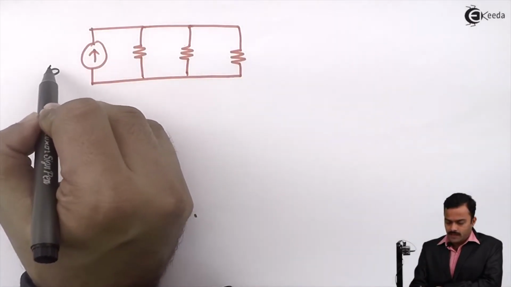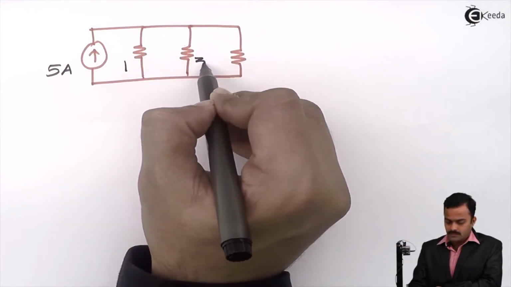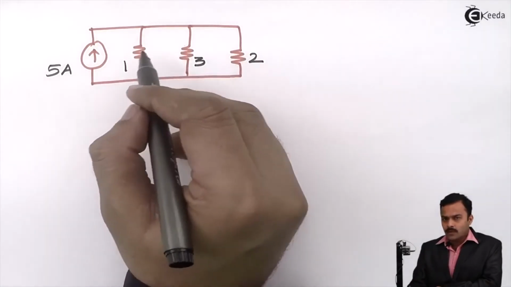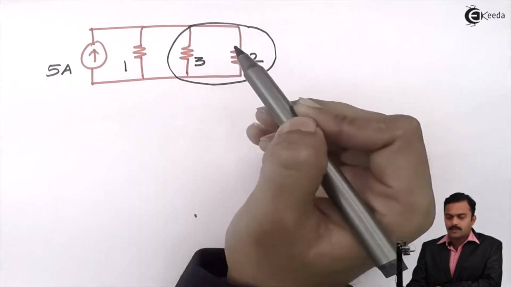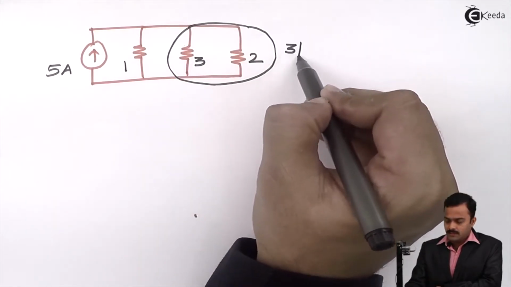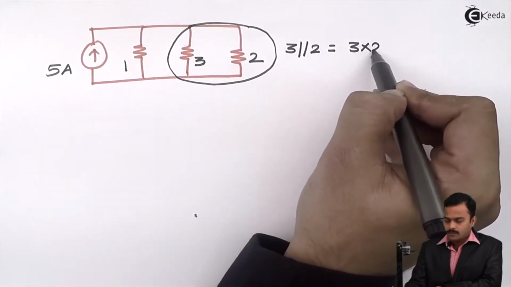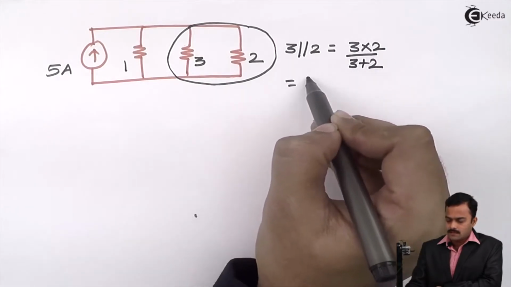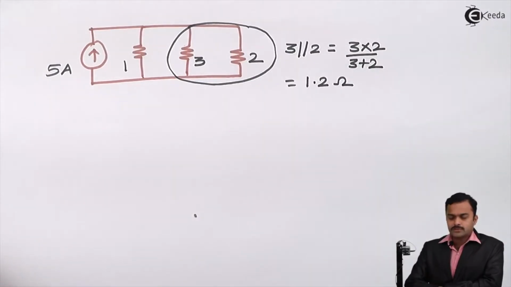So finally I will have 5 ampere current source, 1 ohm, this is 3 ohm, and this is 2 ohm. Why I have interchanged 1 and 3? Because I can say this is a parallel combination. So 3 parallel 2, if you solve, you will get answer as 1.2 ohm. What is so special about it?